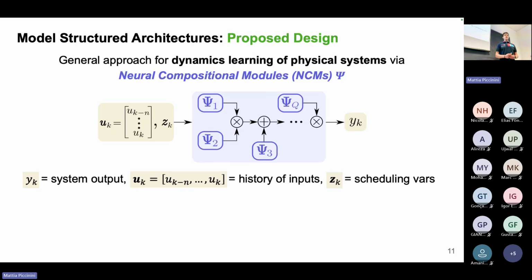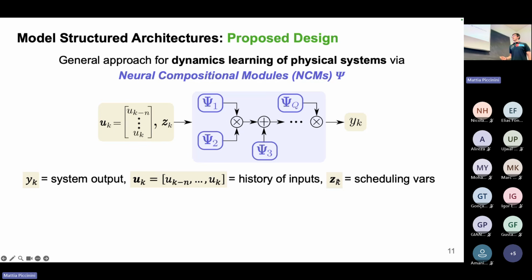So the idea here is to describe, or learn the dynamics of, a physical system by composing some neural modules, neural compositional modules psi, using some operations. The inputs here are u_k, the past history of inputs for the past n+1 time steps.